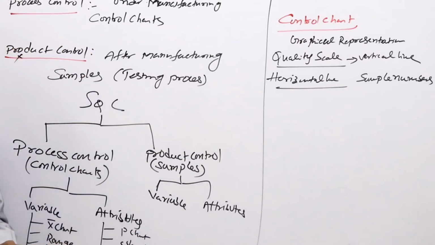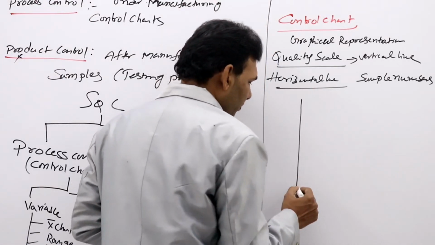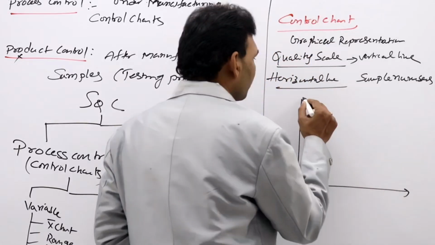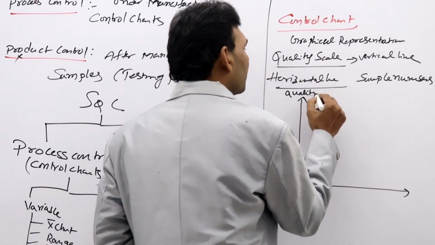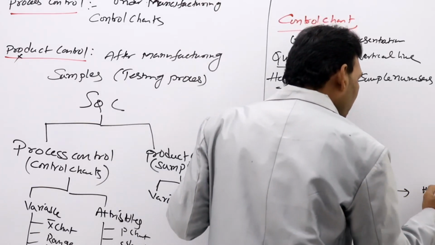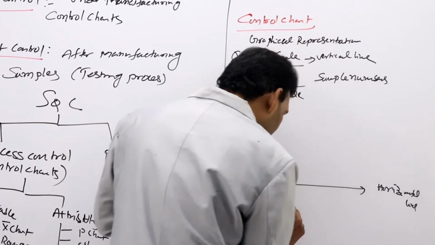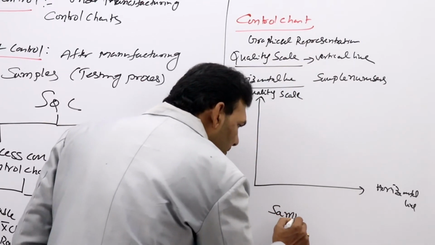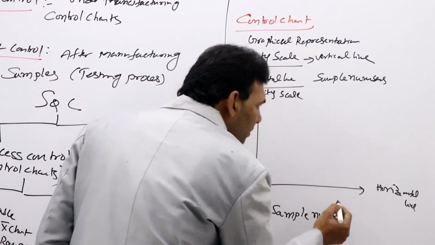After drawing this quality scale and the horizontal line like this, this is the quality scale. This is the horizontal line on which you are going to denote sample numbers.